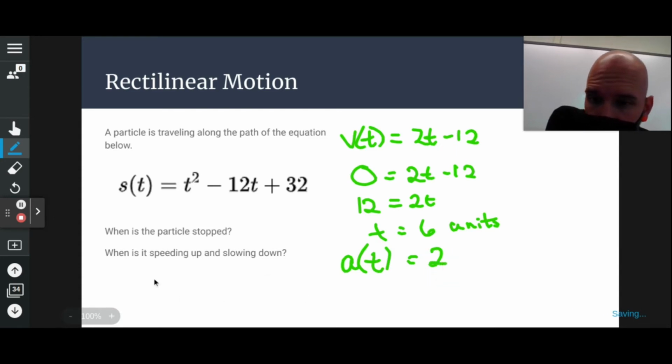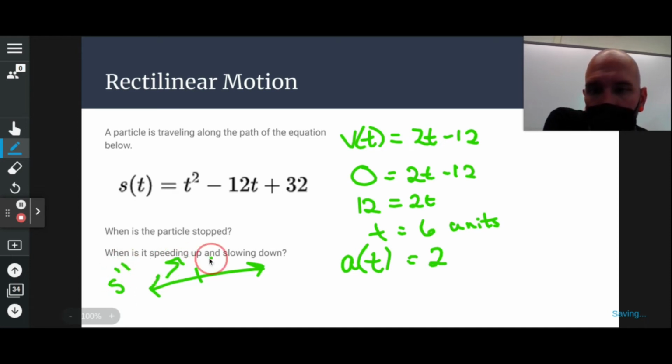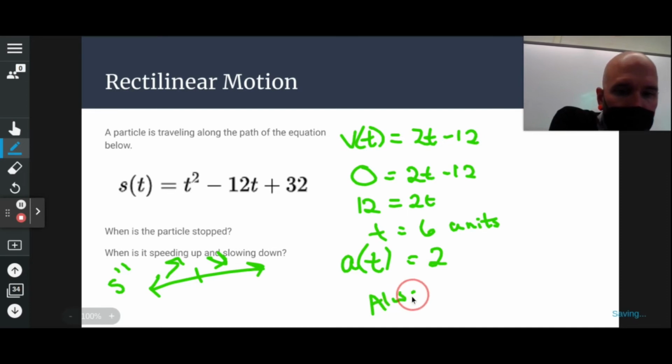Now, normally what I would do here is I would find my inflection points. I would do a S double prime thing, and whatever's going upward is going to be speeding up, and whatever's going downward is going to be slowing down. But since no matter what, it's going to be positive, it's always speeding up.